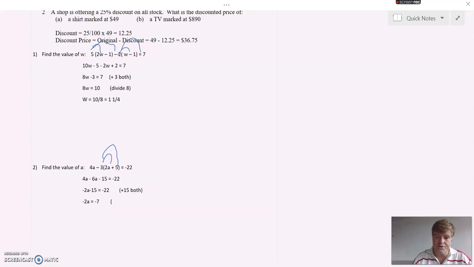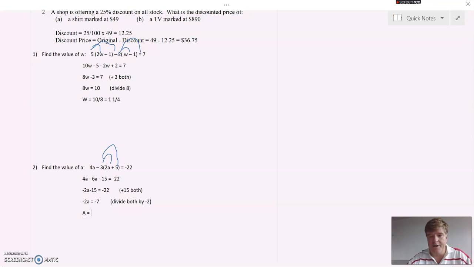We've got negative 2 times a, so the opposite of multiplied by negative 2 is divide by negative 2 to both sides. So negative 2a divided by negative 2 is just going to leave it as a. And on the other side, we're going to have negative 7 divided by negative 2.